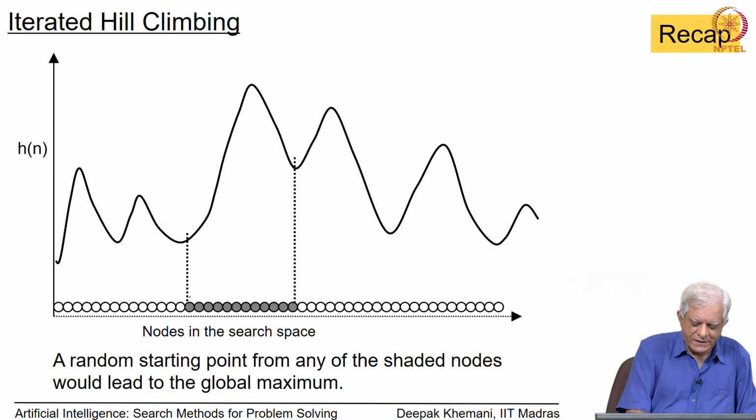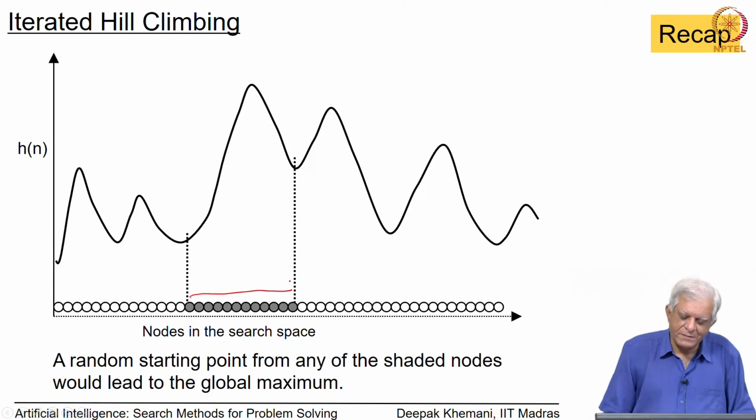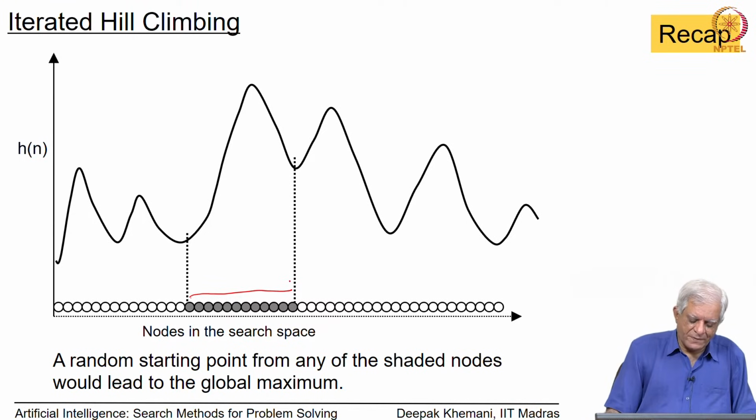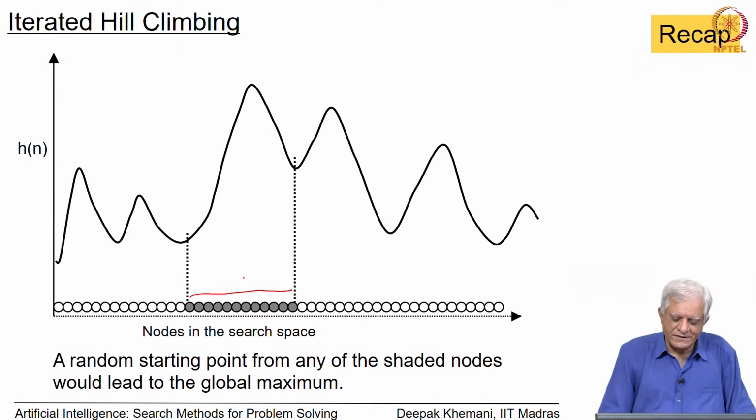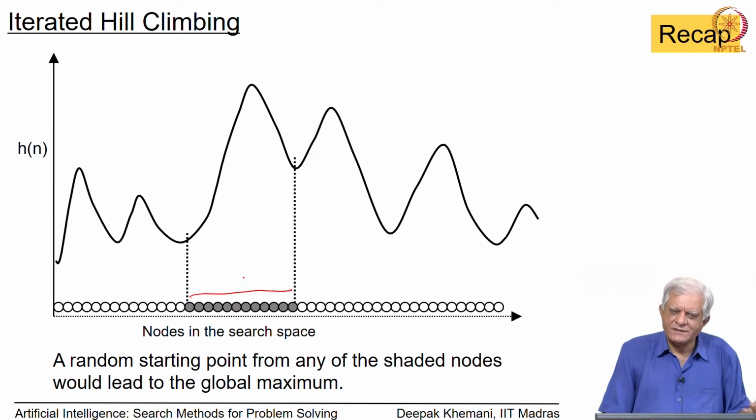We observed that there is a footprint defined by the heuristic function, that if we happen to choose a random position in any one of these locations, then hill climbing would take you to the global maxima. And therefore, if you take a sufficiently large number of candidates and the surface is not too bad, then you are quite likely to get a solution with iterated hill climbing.